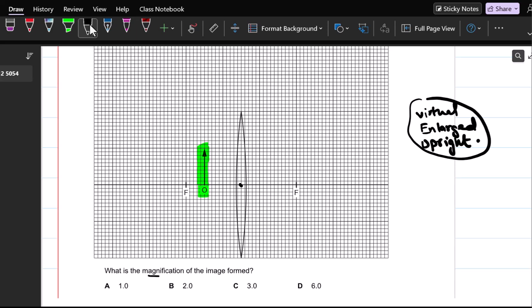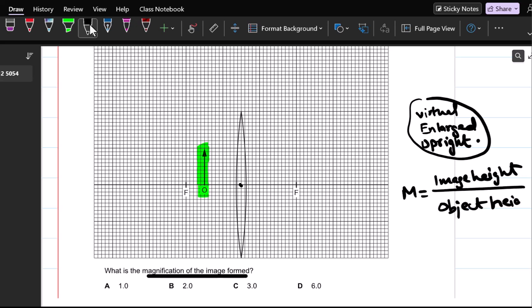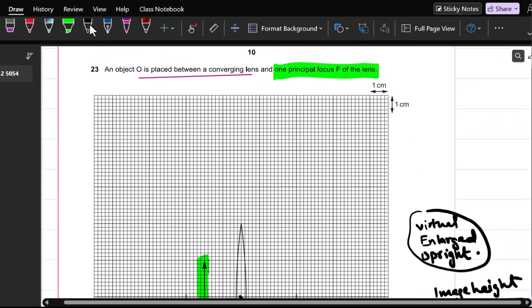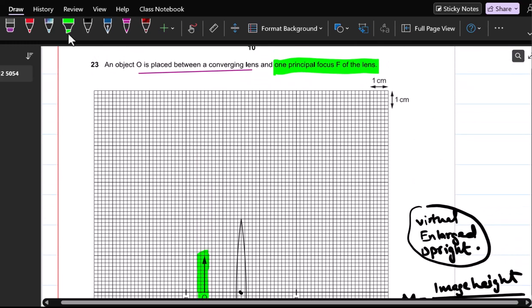So what is the magnification of the image formed? Magnification is equal to image height divided by object height. The object height is not given, but the scale is given to us.